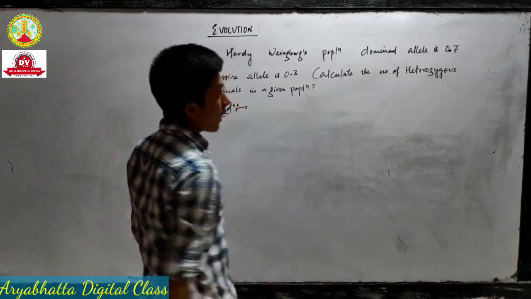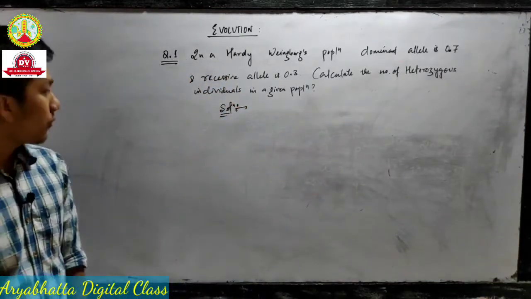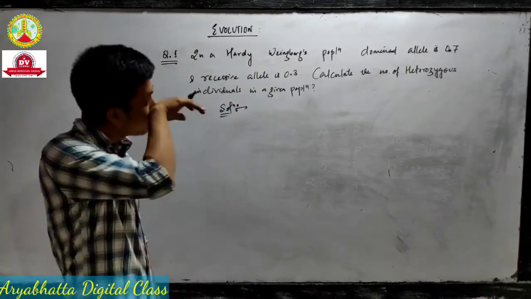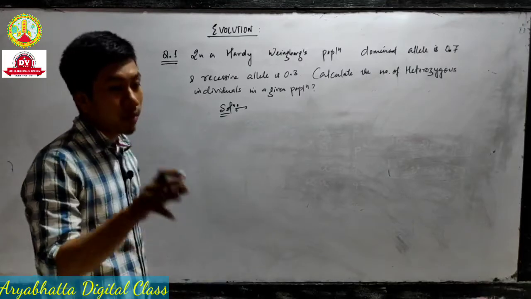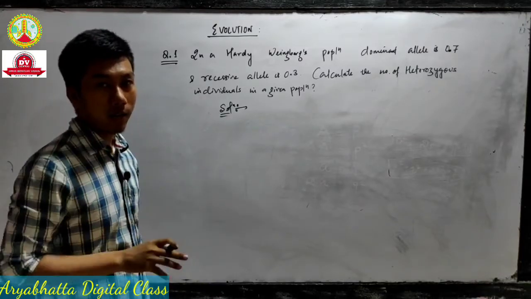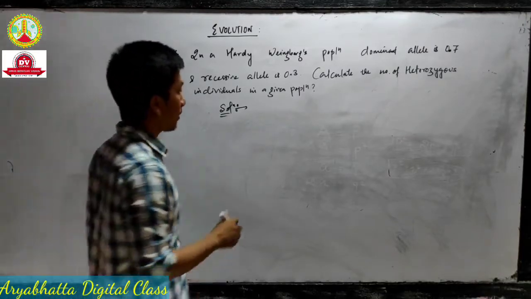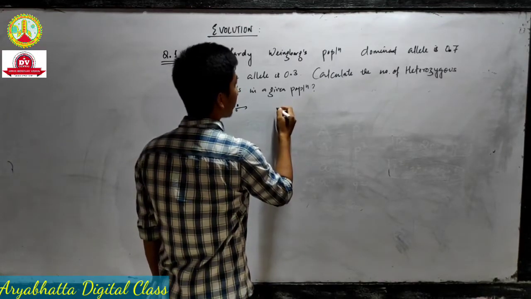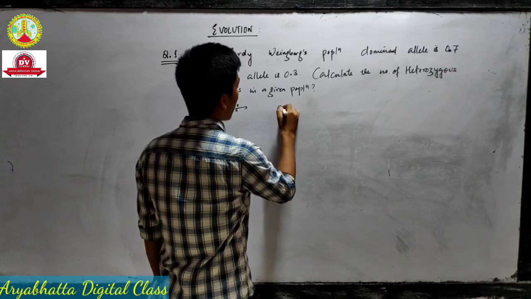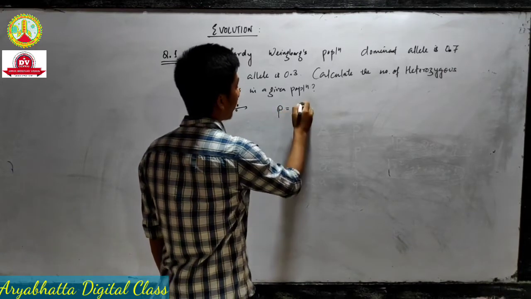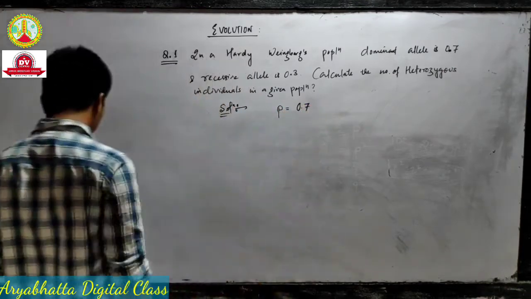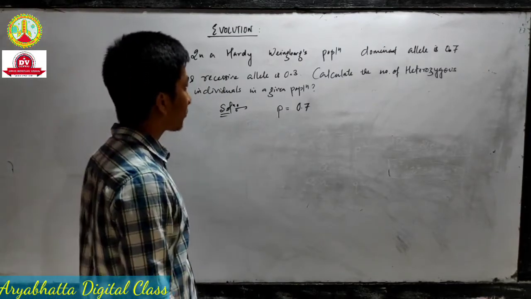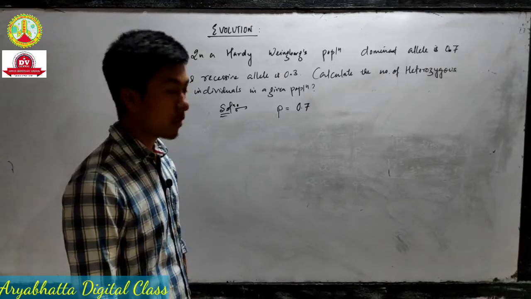So first, the dominant allele is given. Just write out what values are given first. Dominant means P, and we don't need to write the square here.